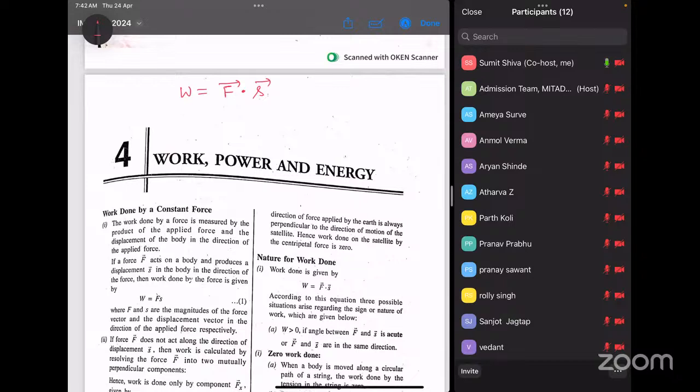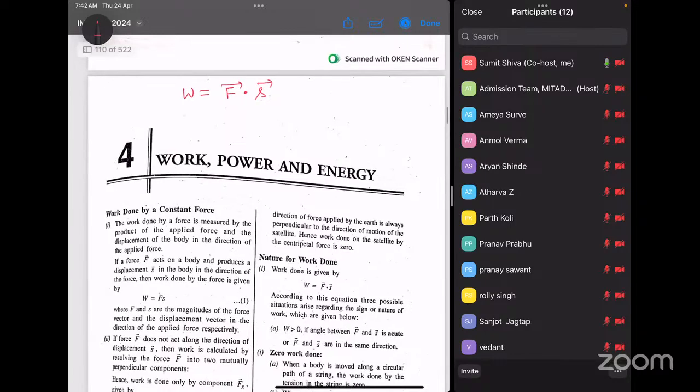And S is displacement. Displacement is also a vector quantity. So here we have two vectors, F vector and S vector, and we are taking the dot product. If we do the dot product of two vectors, we will get a scalar quantity. So work done is the dot product of two vectors. That's why work done will be a scalar quantity. So the first point about work done is that it is a scalar quantity.